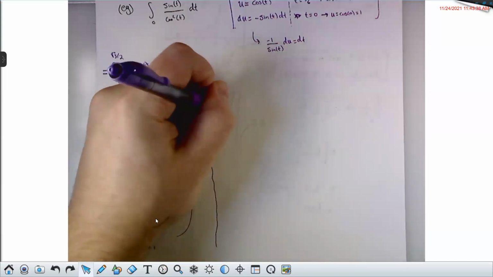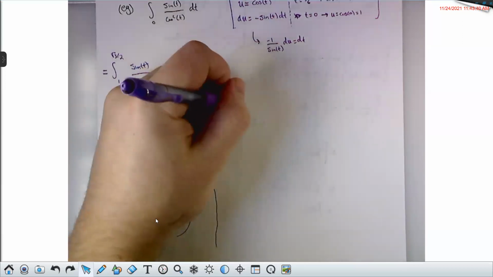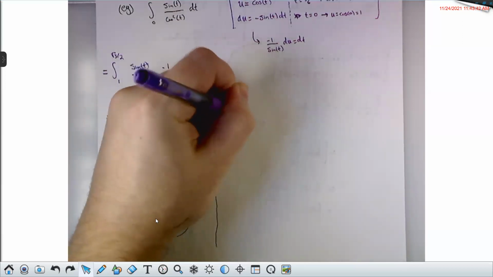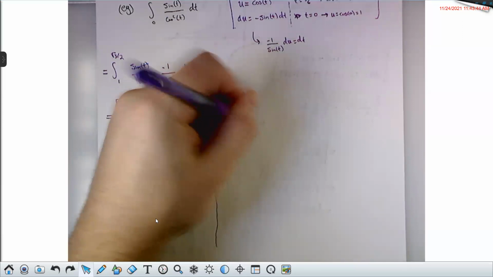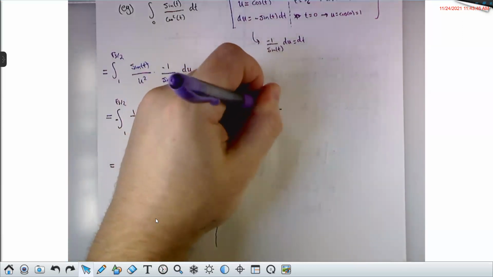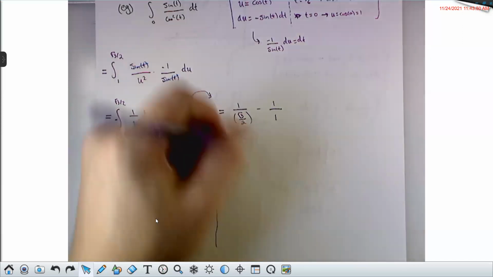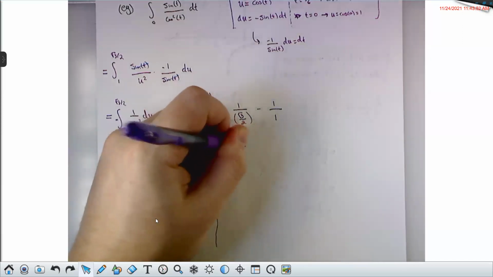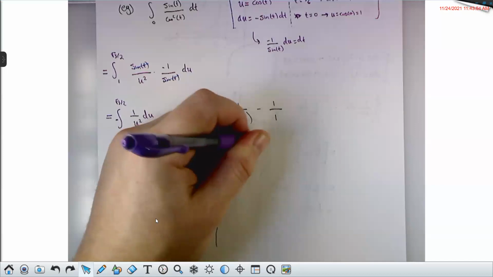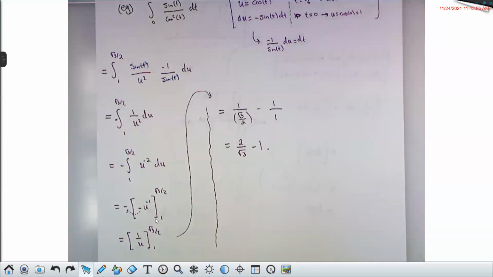In any case, what we get here is 1 divided by root 3 over 2 minus 1 divided by 1, which is 2 over the square root of 3 minus 1. And that's the end of the story.